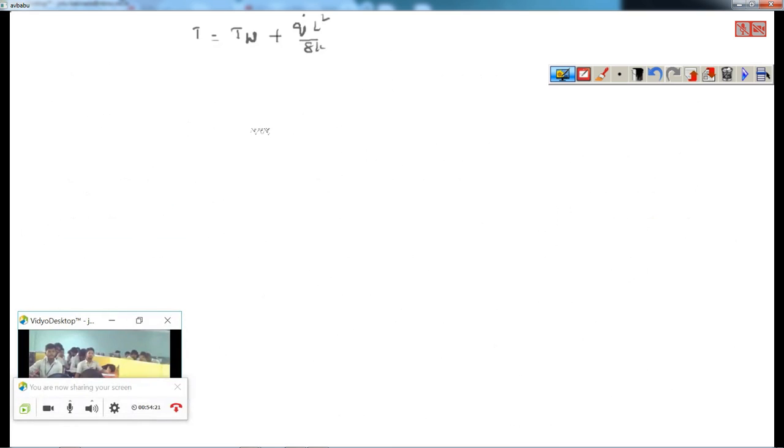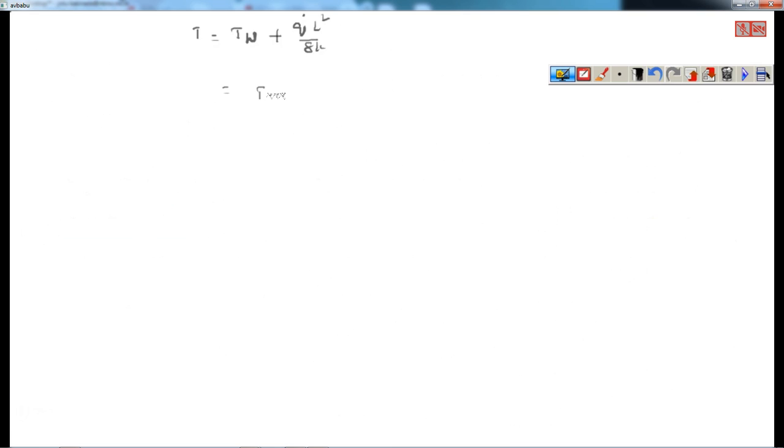So this is equal to T infinity plus Q dot L by 2H plus Q dot L square by 8K.